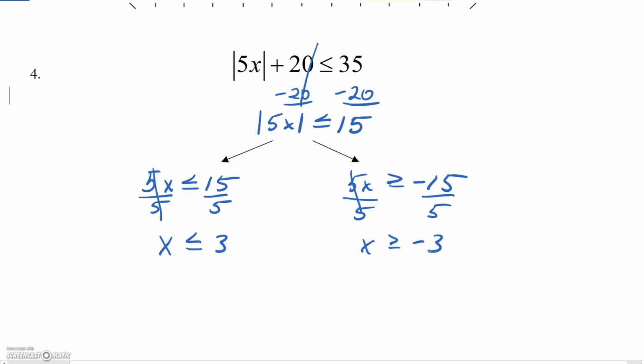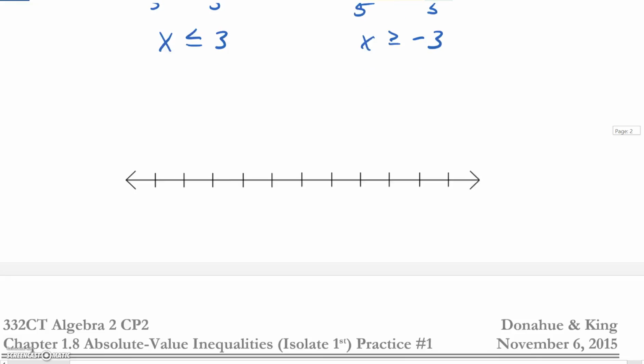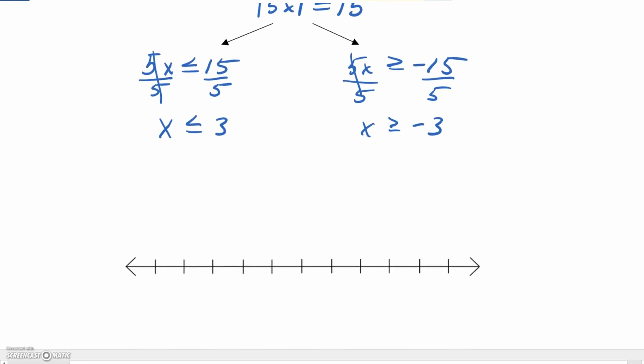And again, we're going to want to put this on the number line. So let's see. We need to put circles or dots on 3 and negative 3. Now this says less than or equal to, and this says greater than or equal to, which means dots. So I'm going to put negative 3 over here, and I'm going to put positive 3 over here, and put a dot on negative 3, and we'll put a dot on positive 3.